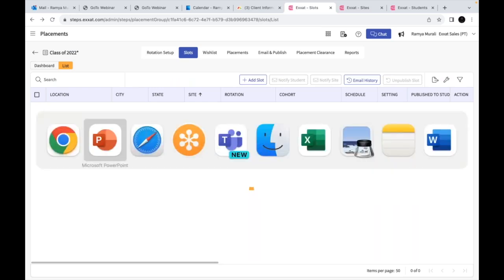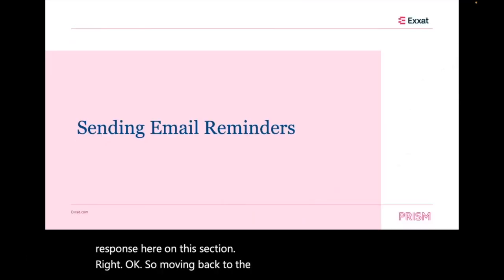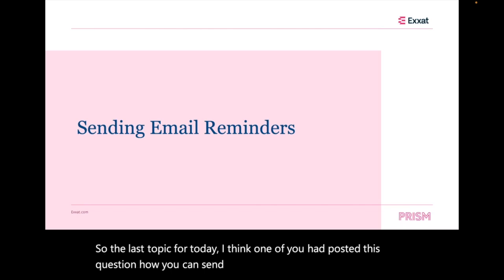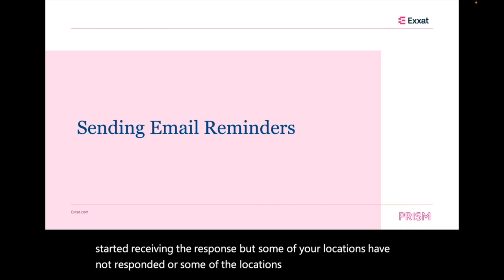Okay, so moving back to the slides. The last topic for today, one of you had posted this question: how you can send out the email reminders. So you've started receiving responses, but some of your locations have not responded, or some of the locations have told you to reach back at a later date.